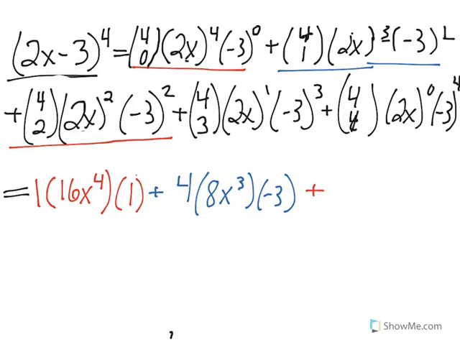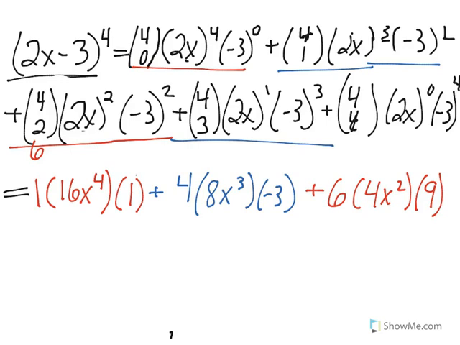Okay, so now plus, we have 6, that's 4 combination 2, that value is 6. 2x squared is 4x squared. Negative 3 squared is 9. Moving on. Plus 4 combination 3 is 4.